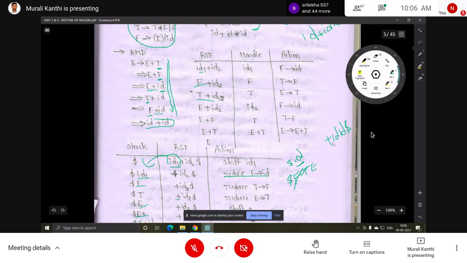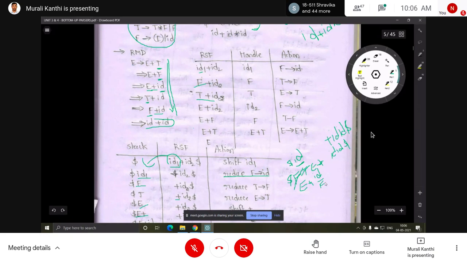Next, shift operation: e plus, and after shifting, e plus id dollar. Next, a handle is not found, so again shift operation: e plus id. A handle is found, that is f.